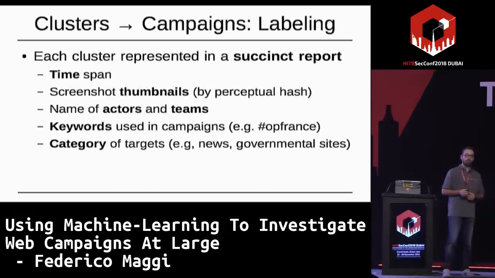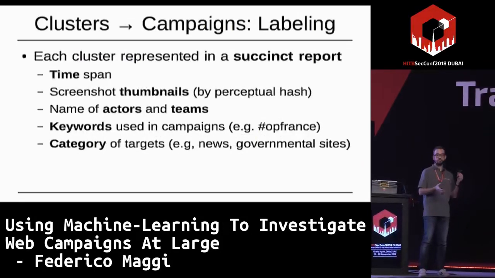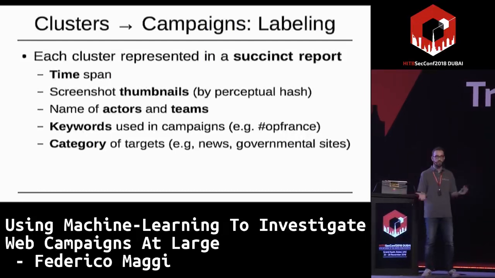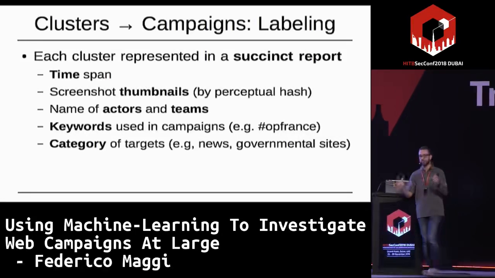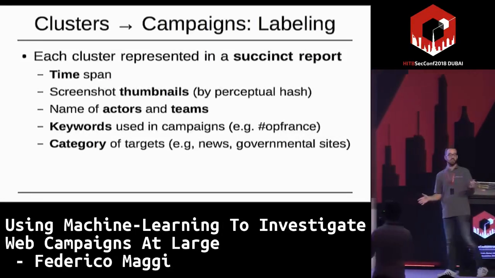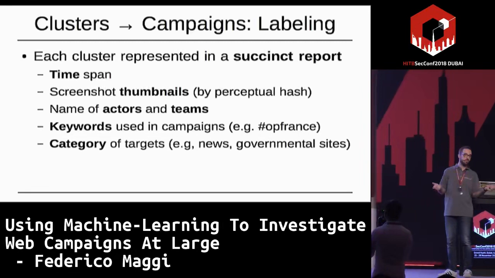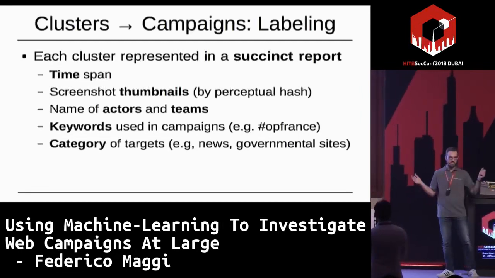Right. So now we have the clusters, but you have a big number of pages. You look at them and you say, okay, what's this? Everything is opaque. It's pretty much like when you use deep learning. Deep learning can't magically make sense of data.